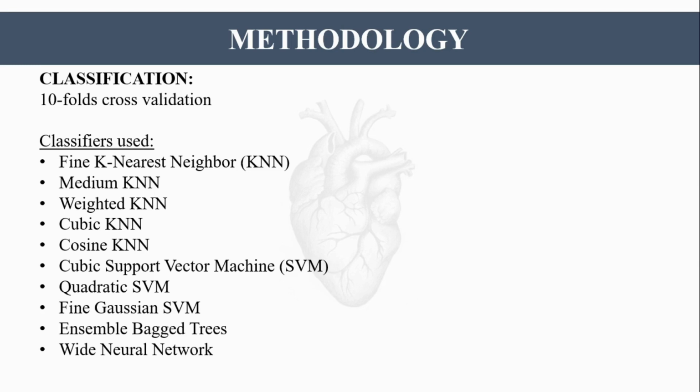This process is repeated 10 times, evaluating the model's performance on each subset. Moreover, we have utilized several classifiers, like some classifiers from k-nearest neighbor, KNN, some kernels of support vector machines, ensemble bagged trees, and wide neural networks.